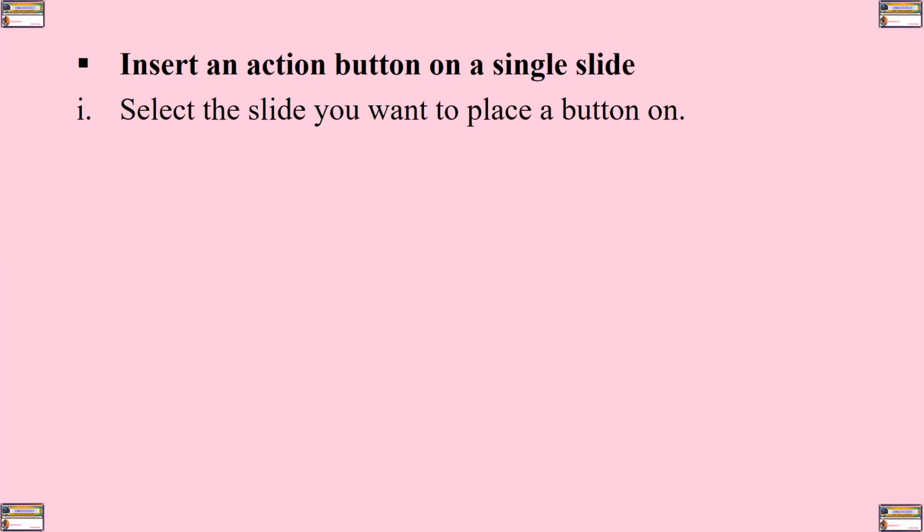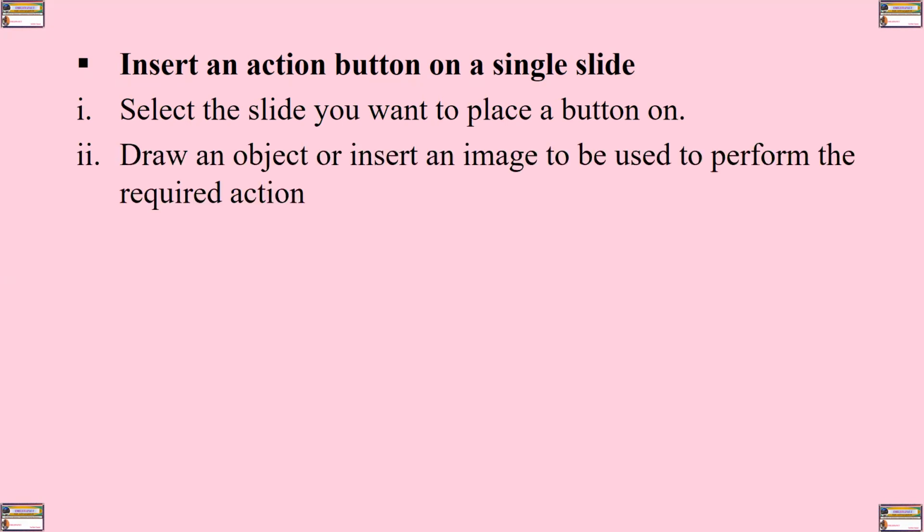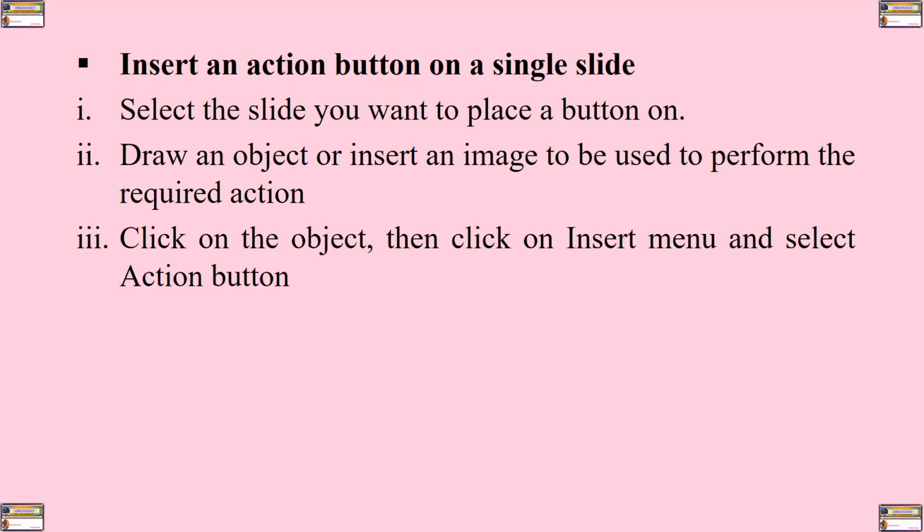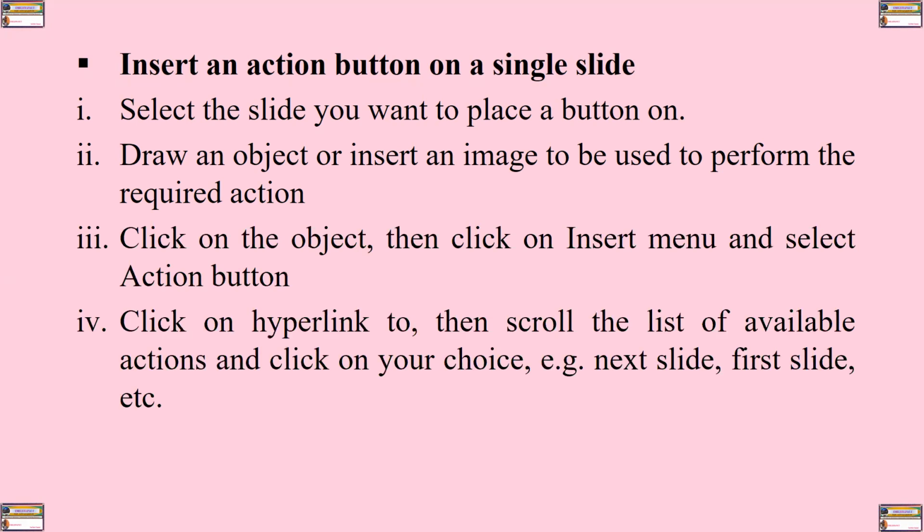You select the slide you want to place a button on, then draw an object or insert an image to be used to perform the required action. Click on the object, then click on Insert menu and select Action button. Click on Hyperlink to, then scroll the list of available actions and click on your choice.